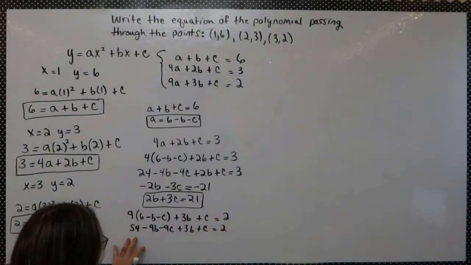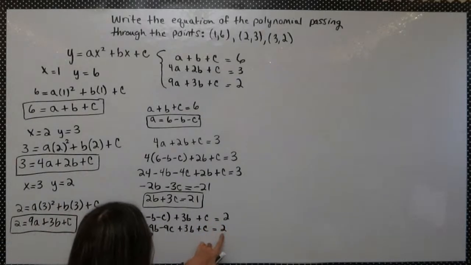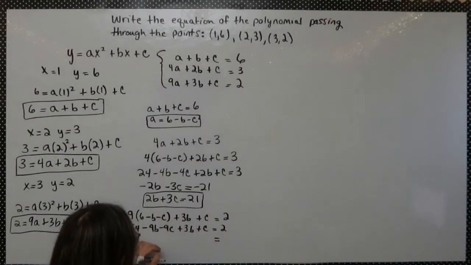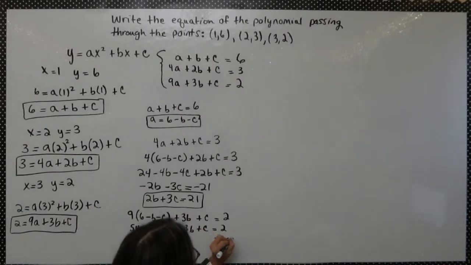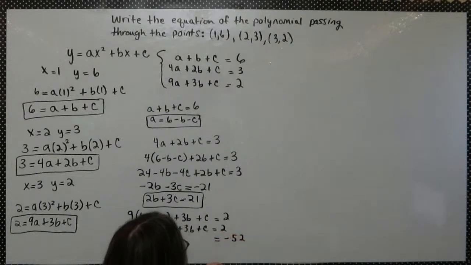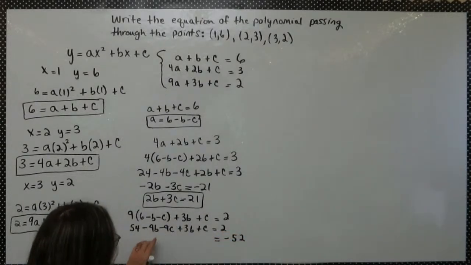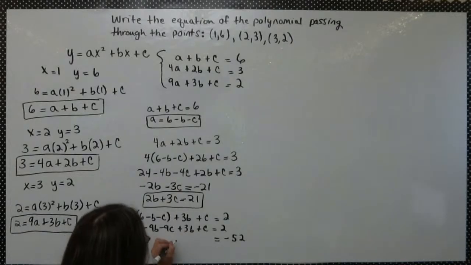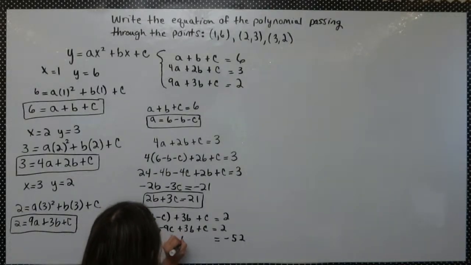So we're going to subtract 54 from both sides. That's going to give me a negative 52. And then negative 9 and positive 3, that is a negative 6b.